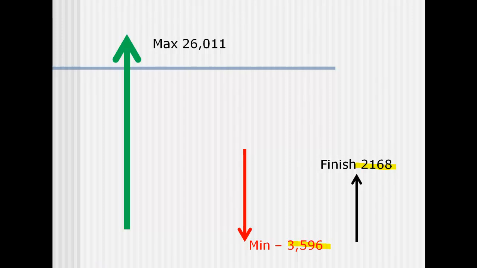And the calculation I always like to look at is to divide the absolute value of the finish over the absolute value of the last, whether it's a max or a min, to get a percentage of how much the opposing force was able to push back the dominant force. At the close, the sellers were really pushing.